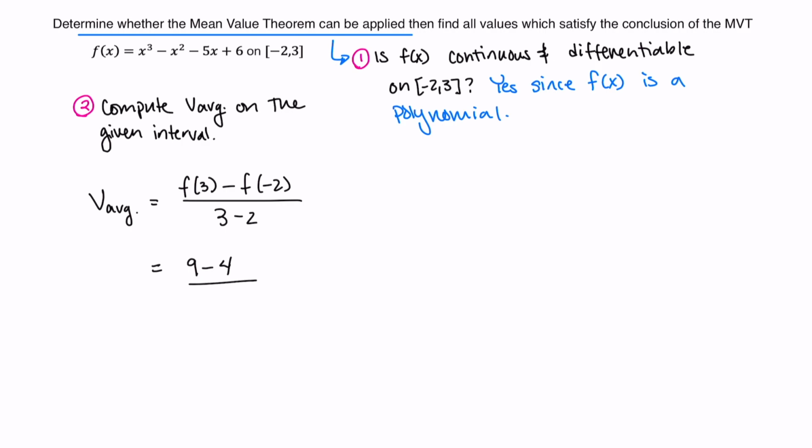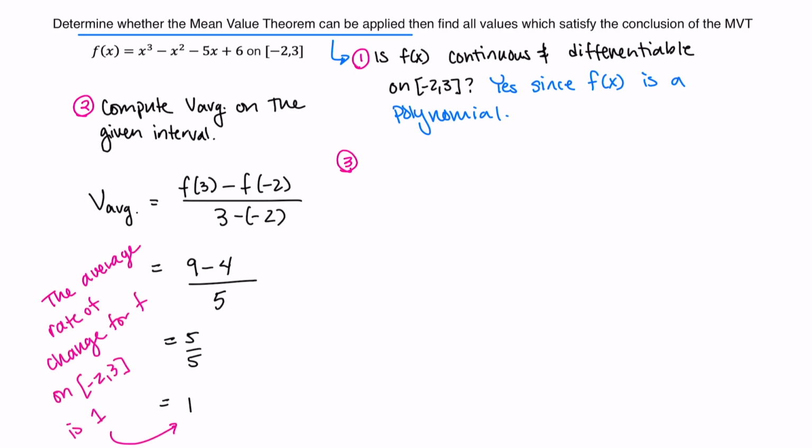And this is over, oh, there's a little typo right here. I did 3 minus 2. Don't do that. It's 3 minus -2. There we are. And this is over 5. So 5 over 5, so 1. This tells me that the average rate of change on the interval is 1.